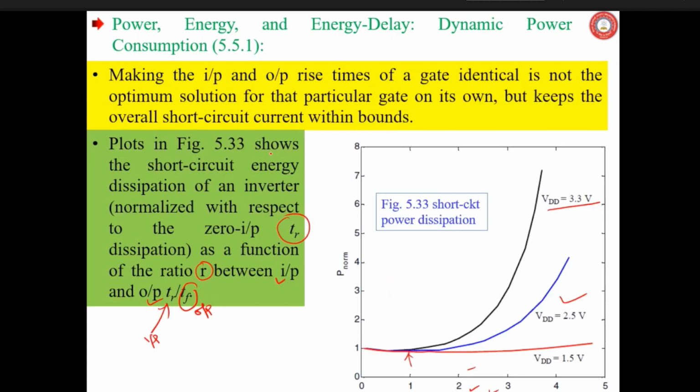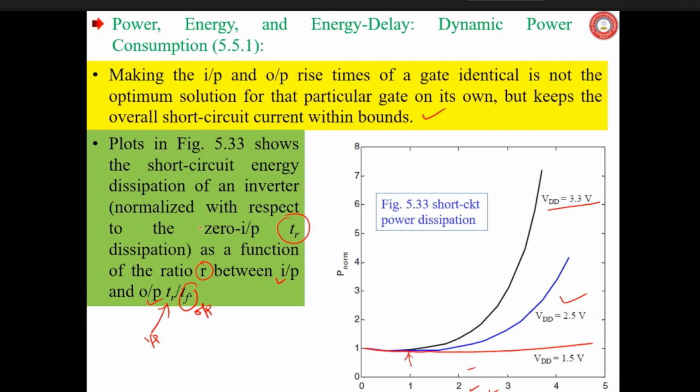Making the input and output rise times of the gate identical is not the optimum solution for that particular gate on its own, but keeps the overall short circuit current within bounds.